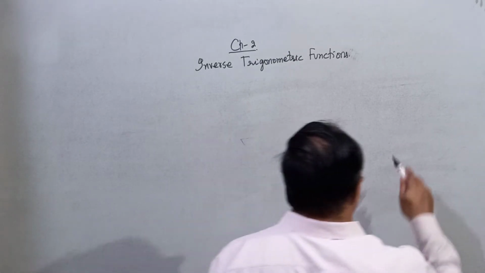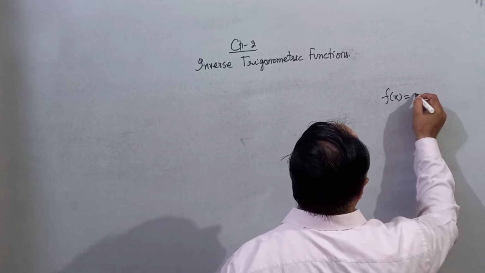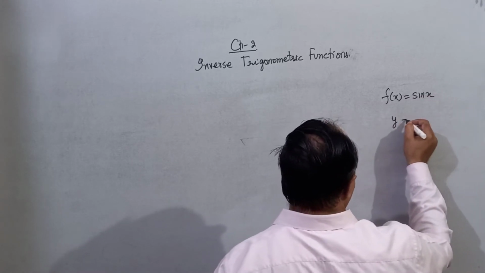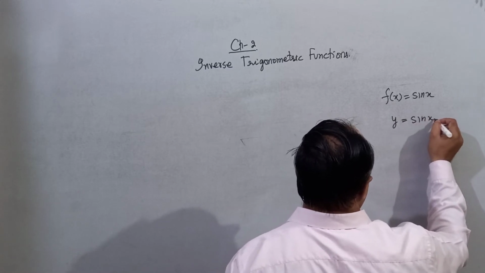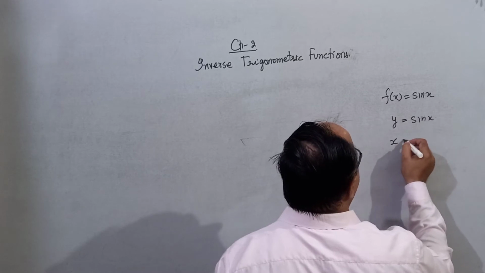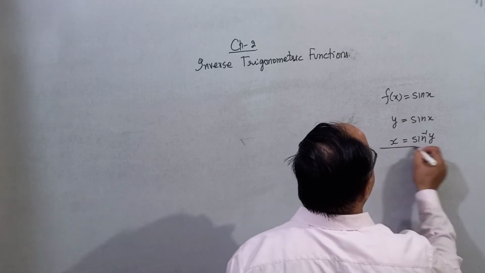Next, you know that f of x is equal to sin x. In place of f of x you can write y. Therefore you can say x is equal to sin inverse y.